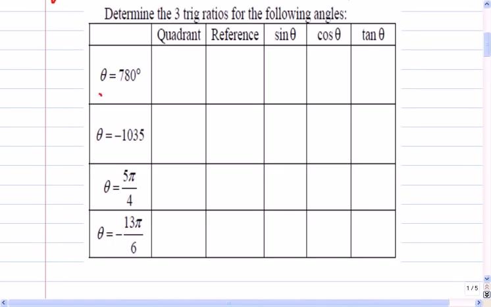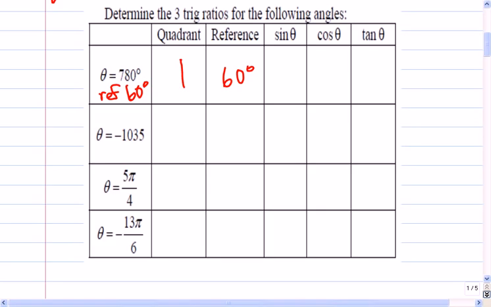So the reference here is 60 degrees, and that would be a quadrant 1 angle. We know it's quadrant 1, so the CAST rule tells us everything's positive, right?